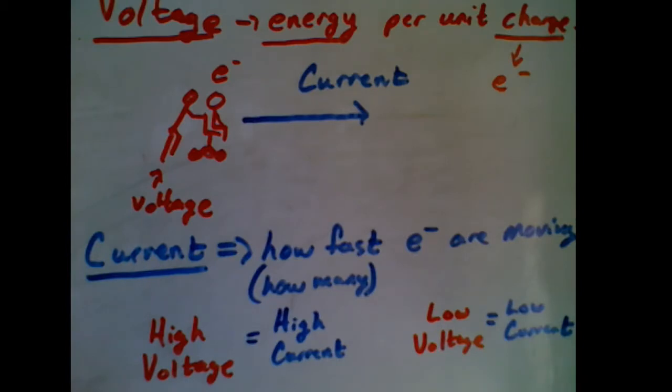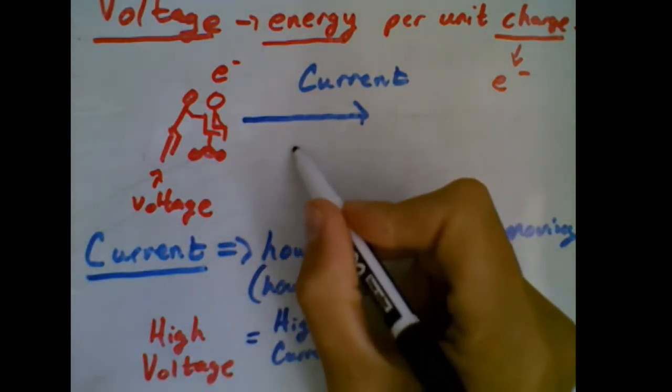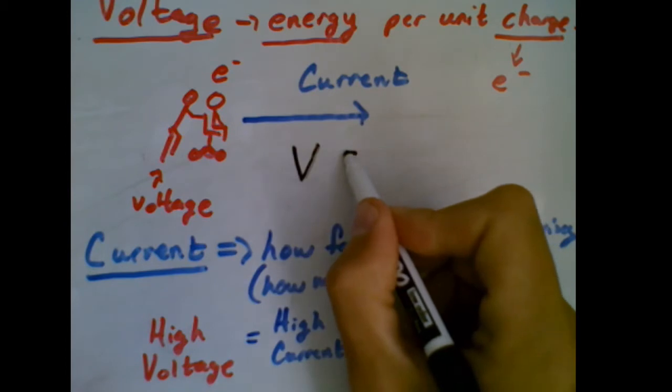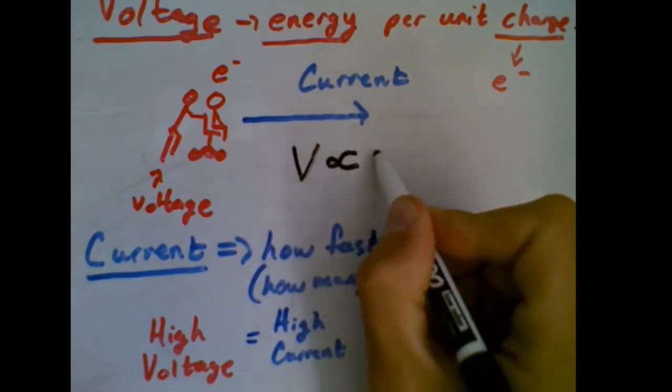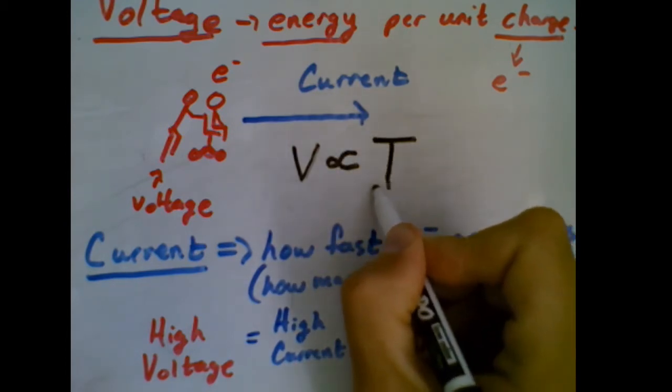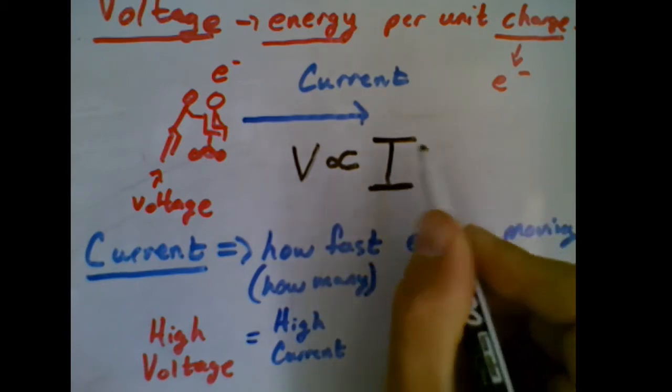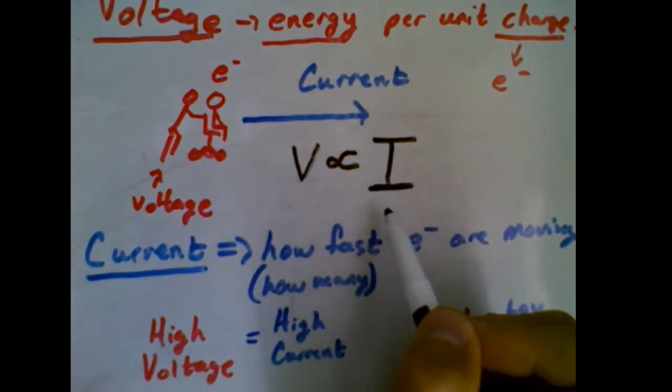When we increase the voltage and get an increase in current, or decrease the voltage and get a decrease in current, this is one way that we can say that voltage is proportional to current. Now, current gets the letter I. It has to do with the intensity of current.